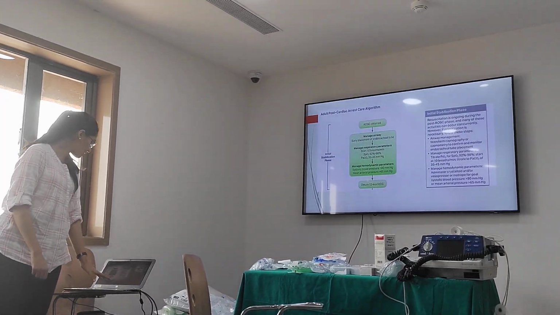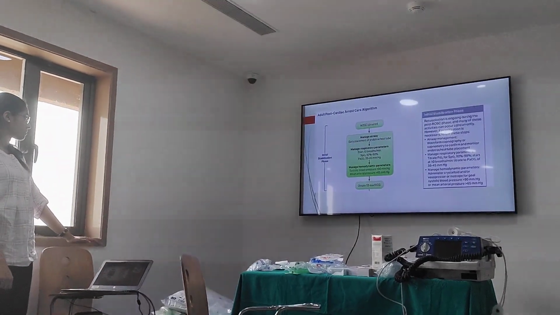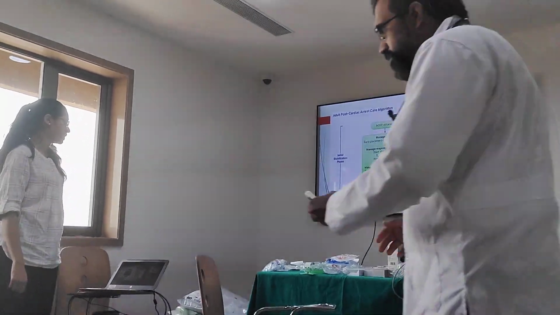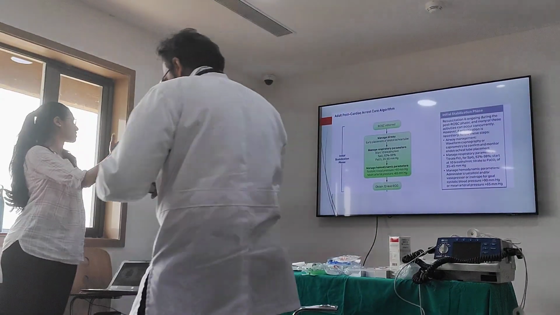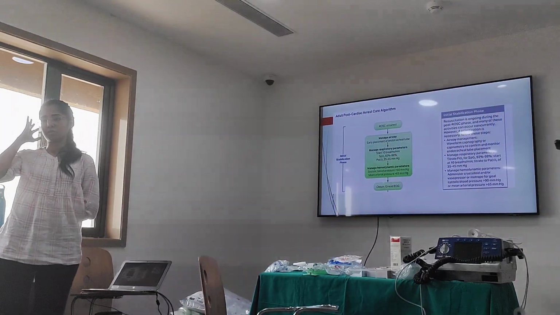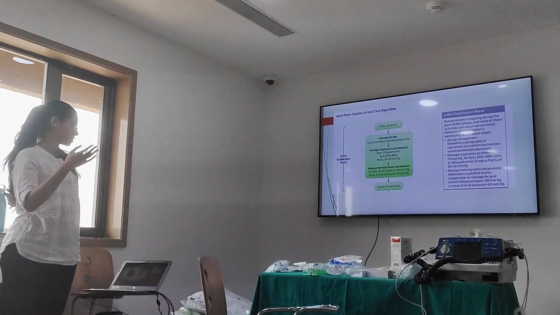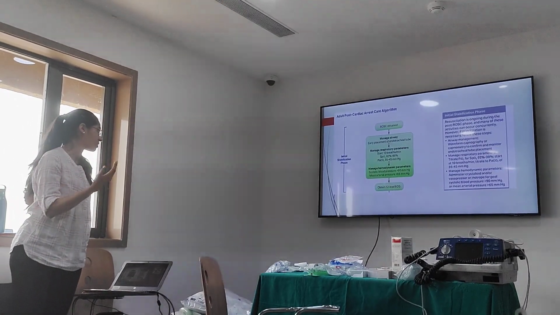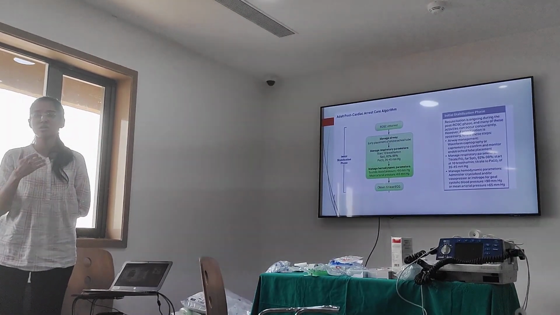Now we will go one by one into the algorithm. So this is the adult post-cardiac arrest care algorithm. In this, as we have discussed, ROSC is obtained, and we are thinking on all the reasons why the patient is in cardiac arrest. At the same time, we need to look at ABC again. So A is airway.